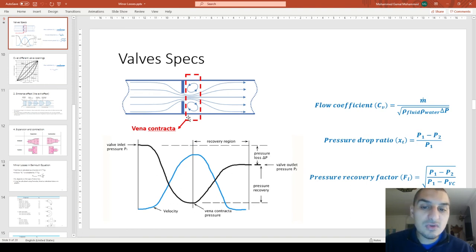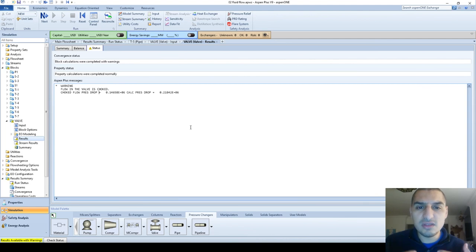In case of choking flow, you are not gaining any velocity. The energy is not transferring from pressure form into velocity form. It's just lost. So the loss in the pressure is going to be very, very high, and you would be wasting the energy in the flow, and that's why it's called the choking flow. It's like it cannot breathe or something like that. So this is not favorable at all.